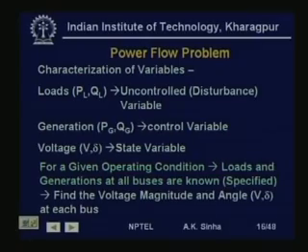Generation is of course in the hands of the power system operator. He can control the generation at various generating stations. So, generation P g and Q g are control variables.